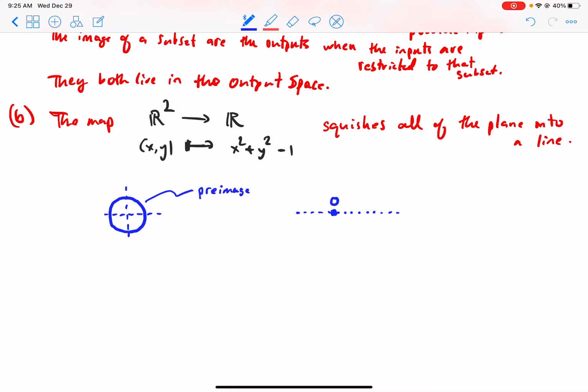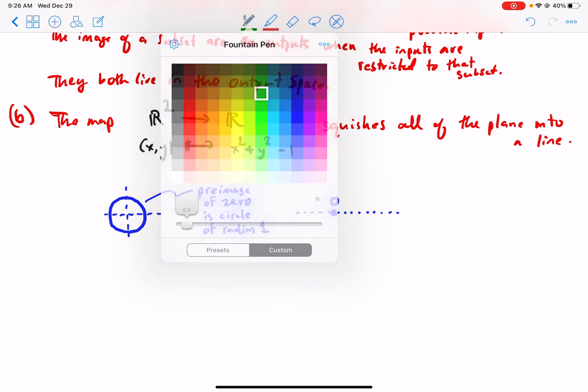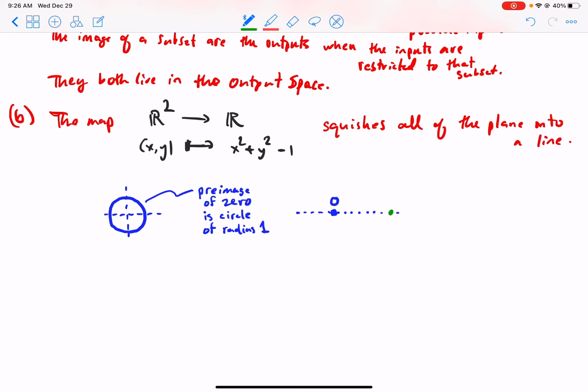So I'm going to say the preimage of 0 is a circle of radius 1. This is an example of a preimage, and I'll explain it in a moment. So you might not understand what I'm doing at all, but that's okay, because this is how I'm teaching you it, just throwing you into it.